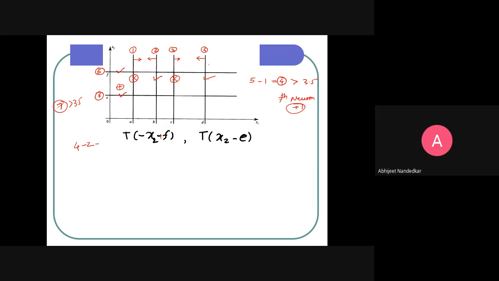So 4 minus 2 is 2, which is less than 3.5. So finally, the last seventh neuron is not satisfied or not fired. Okay, for this whole region, it will not fire. So you can keep on checking like this for all the regions.